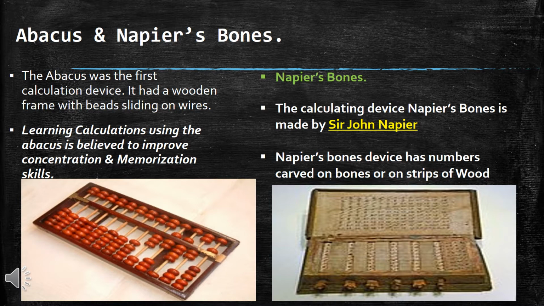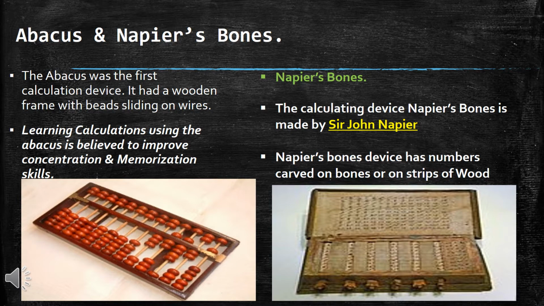Learning calculation using abacus is believed to improve concentration and memorization skills. That means learning from abacus we can improve our concentration power and memory skills, since it is used for calculating. So it is a calculating device.